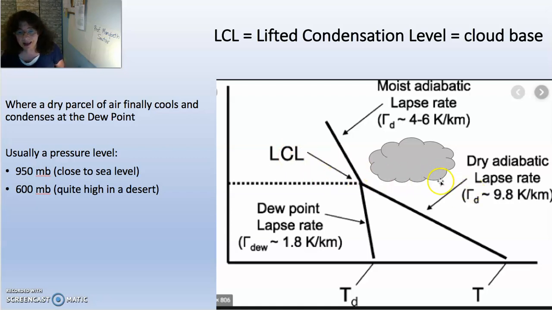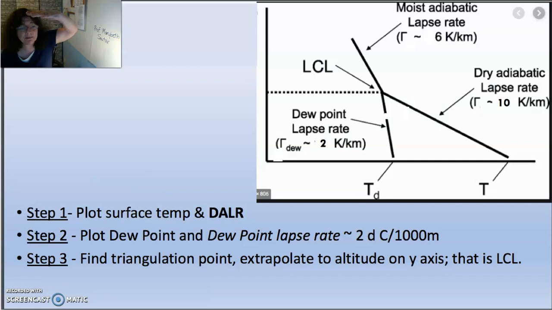It can be reported as an altitude, but it is often reported as a pressure measurement. You saw on the soundings that the altitudes were often matched with pressures. So you'll see an LCL at 950 millibars, pretty close to sea level, or you might see it up at 600 millibars, quite high in a desert environment.